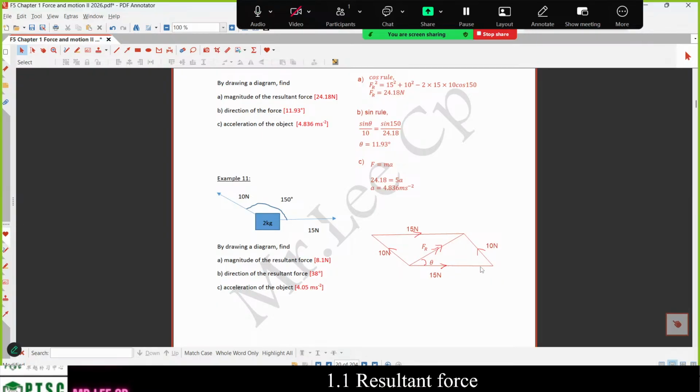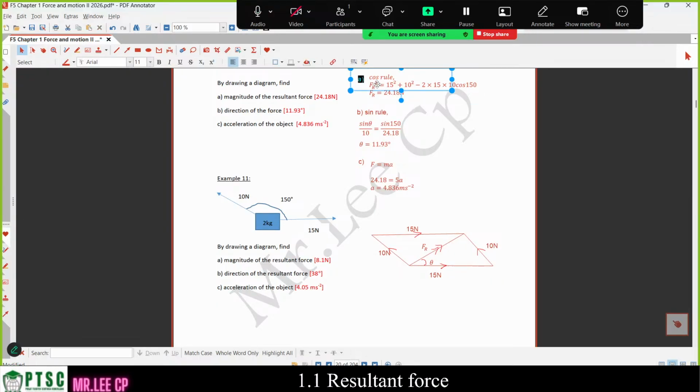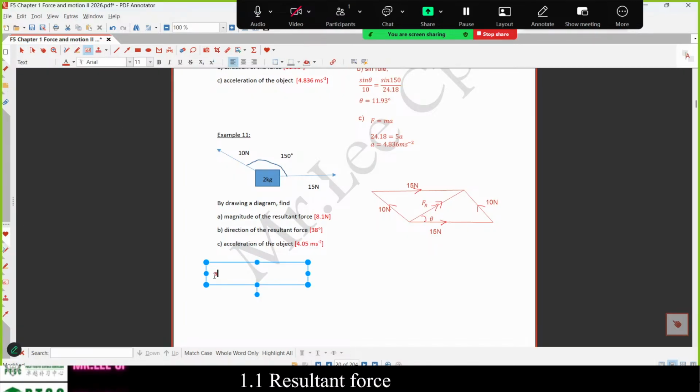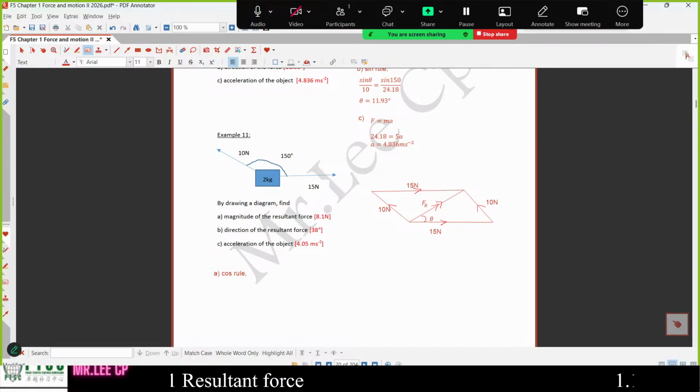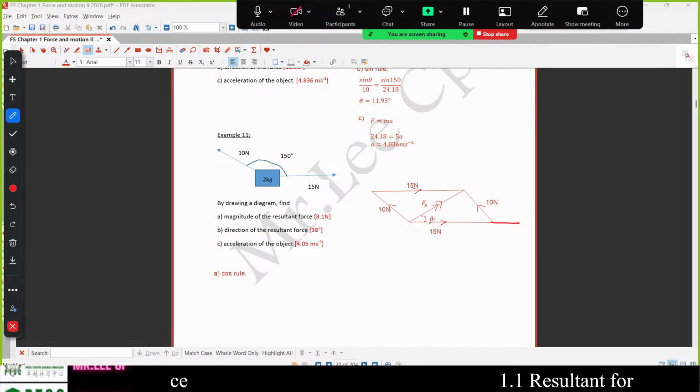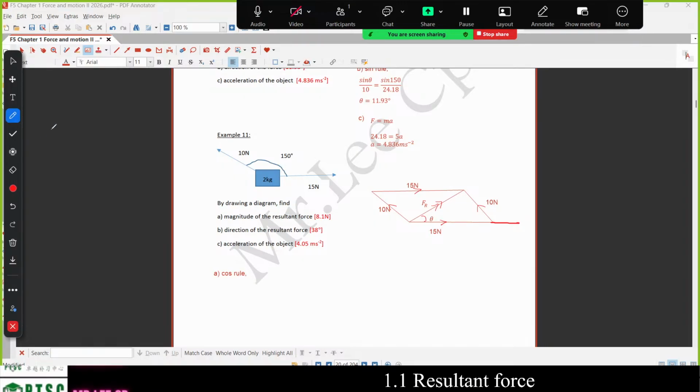Same thing, you are going to use the cos rule. By using the cos rule, this angle you have to know. This angle I don't know.